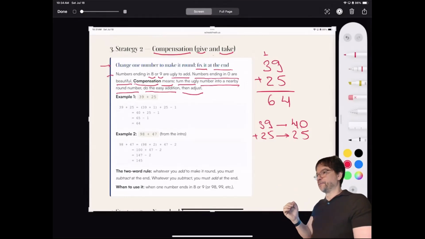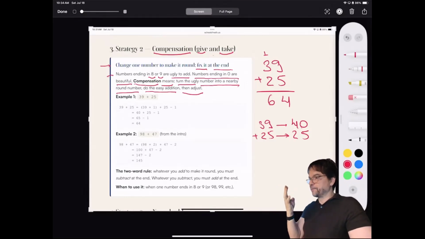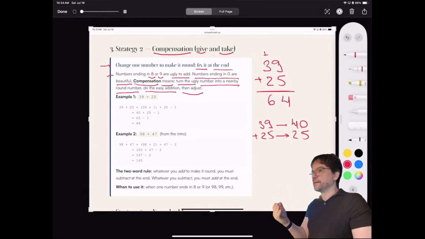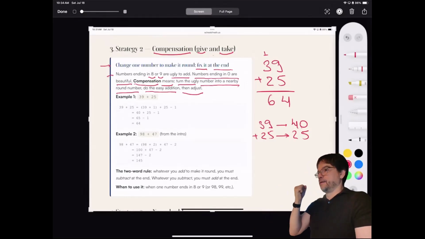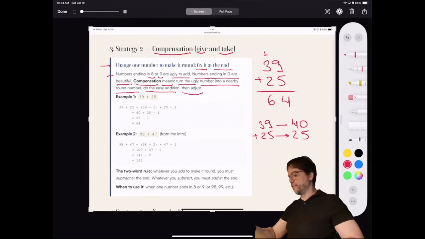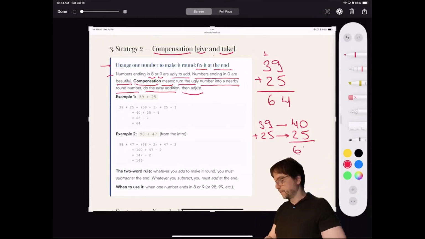I repeat for you. I have 40. I need 25. I go 10 by 10. 40, 50, 60, and 5. 65. Do you agree? But as I added 1 here, I need to subtract 1. 64.